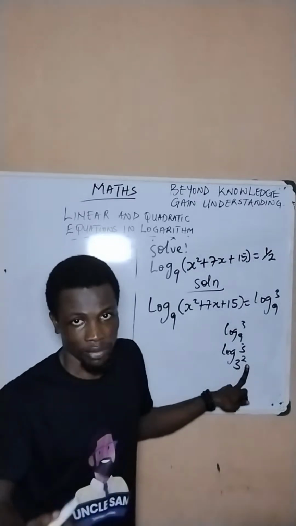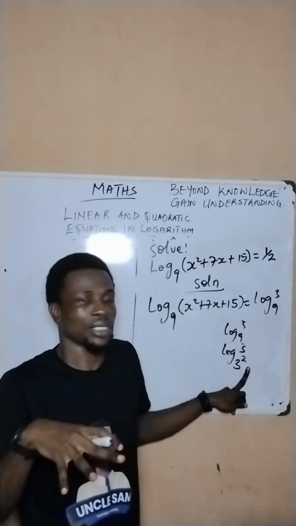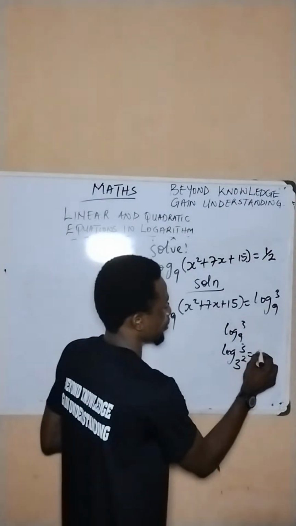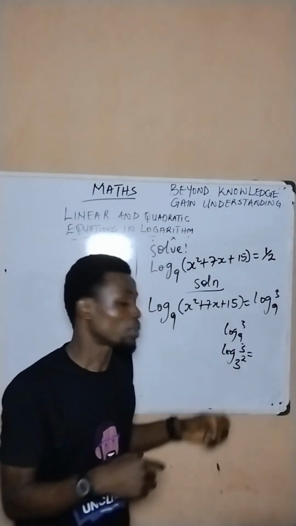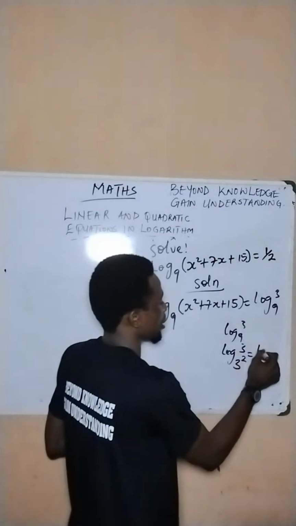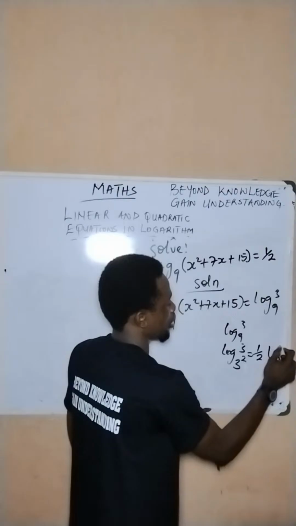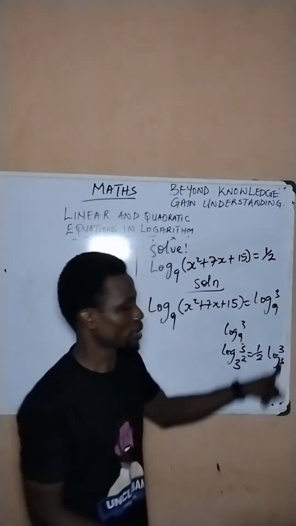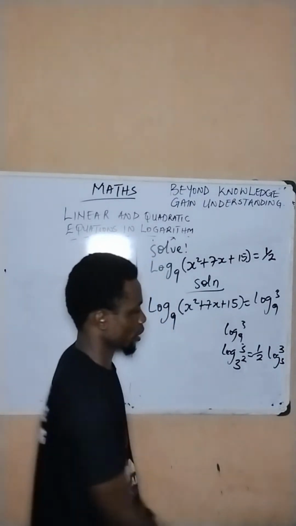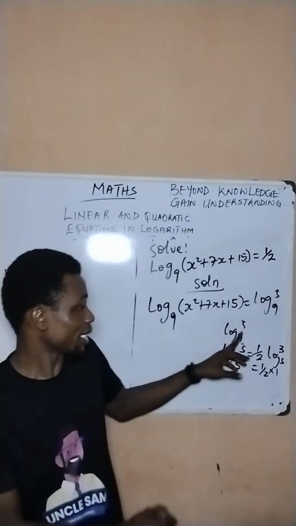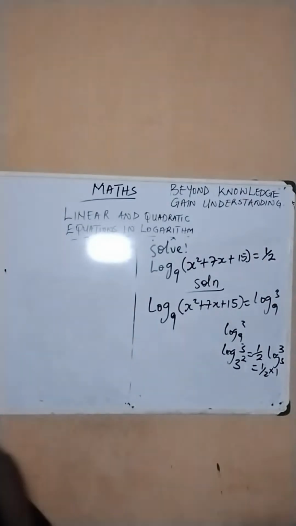Remember, one of the laws that we mentioned when we started off this class is that when a base has a power, the power comes out as the coefficient of the log, but as the reciprocal. So this is 1 over 2 log of 3 base 3, and log of anything to its own base is equal to 1. So this is 1 over 2 times 1, which gives us 1 over 2. So you see that this is very logical.